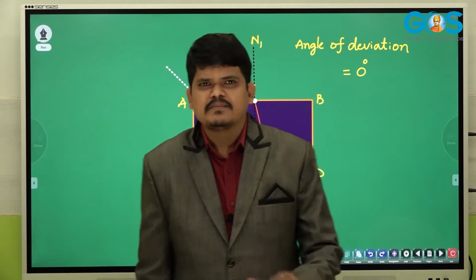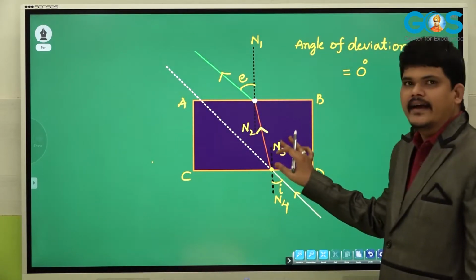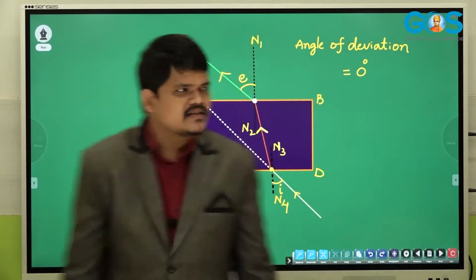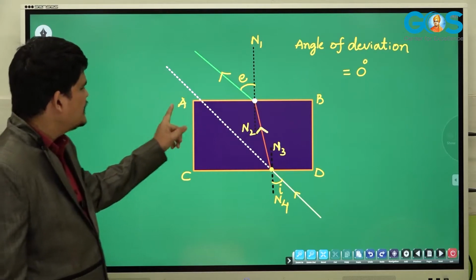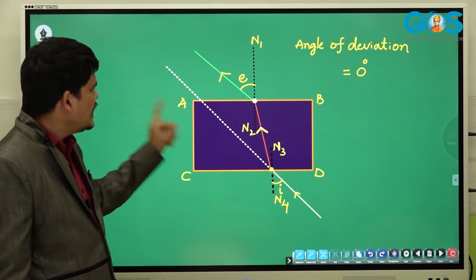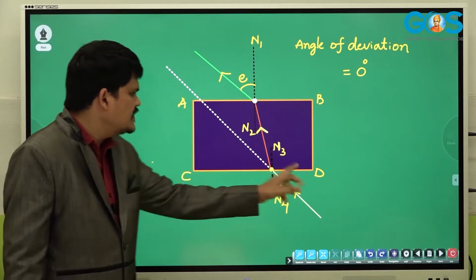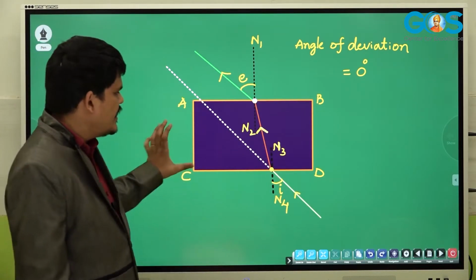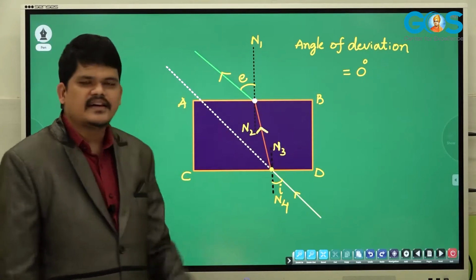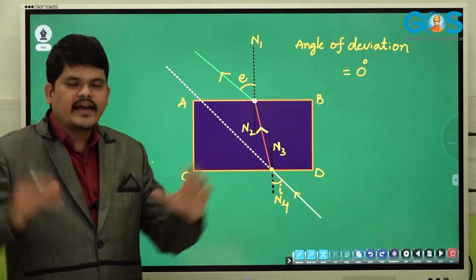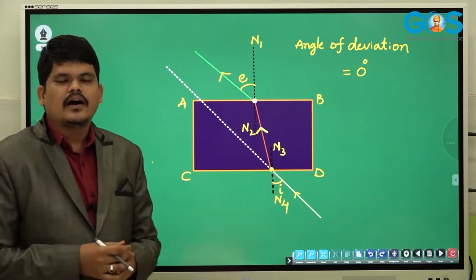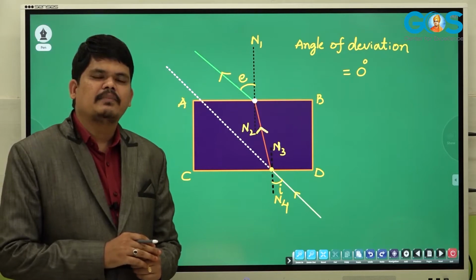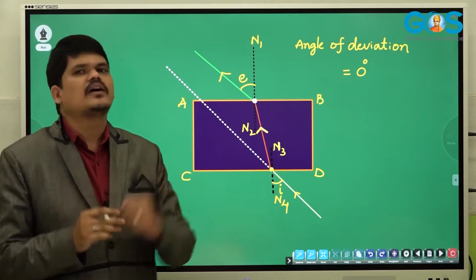For this purpose, we need to take a rectangular glass slab as shown here. So let us say the rectangular glass slab is ABCD. Now take a cardboard, on it fix a white chart or thick white paper with the help of pins at the four corners.